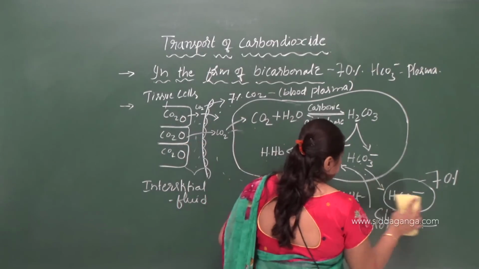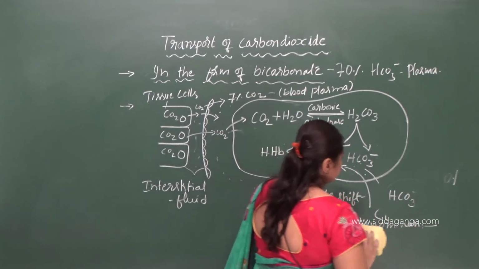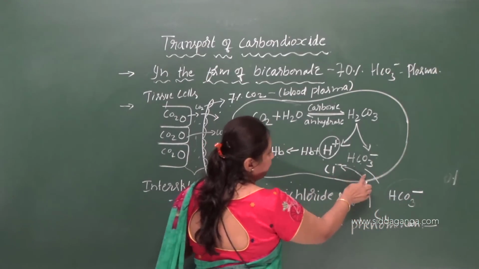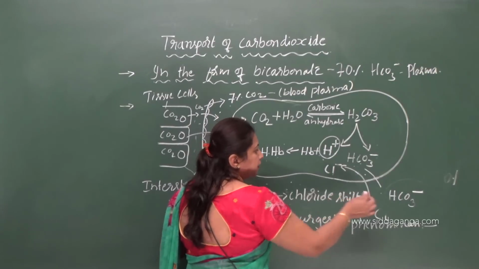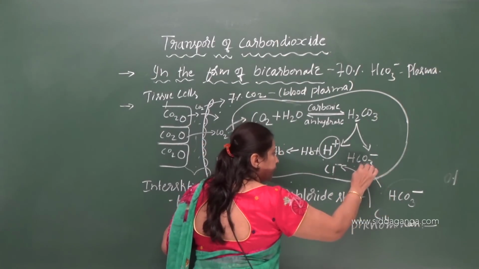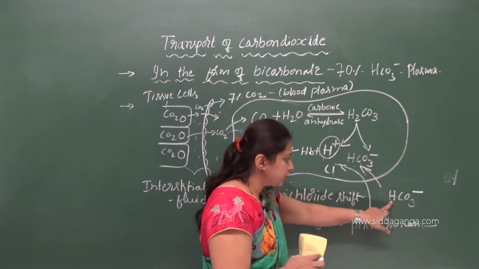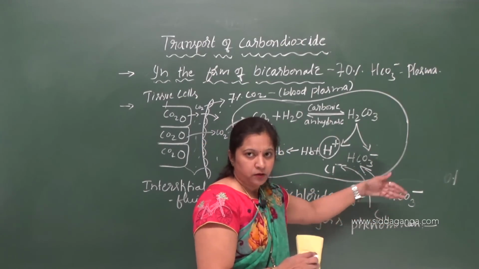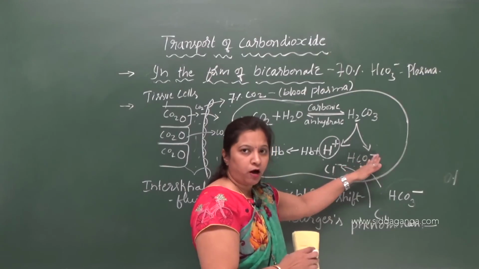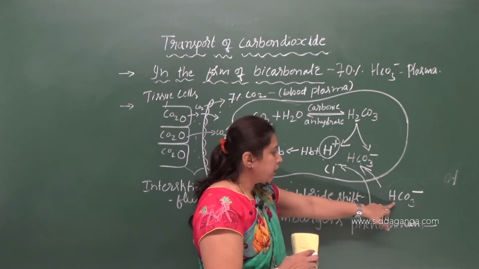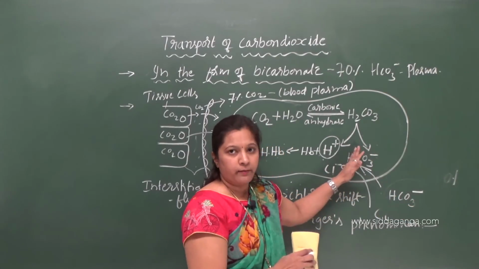And again, what happens here? Here also it is reversed. The bicarbonate ions which diffused into the blood plasma will again re-enter into the RBCs. So the bicarbonate ions diffuse from the RBCs into the blood plasma at the tissue level, but at the alveolar level, when the deoxygenated blood comes to the alveoli of the lungs, the bicarbonate ions present in the blood plasma will re-enter into the RBCs.